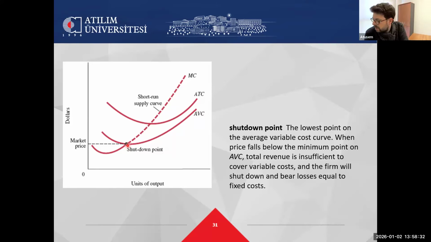I'm gonna show later. Or let's look at that definition. The lowest point on the average variable cost curve. When price falls below the minimum point on average variable cost, total revenue is insufficient to cover the variable cost. I said the same thing. And the firm will shut down and bear losses equal to the fixed cost.